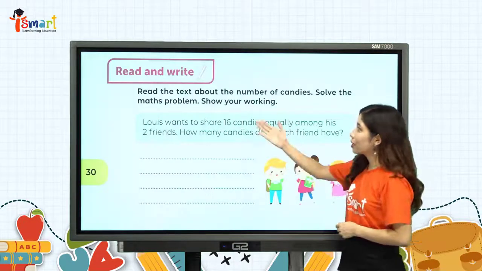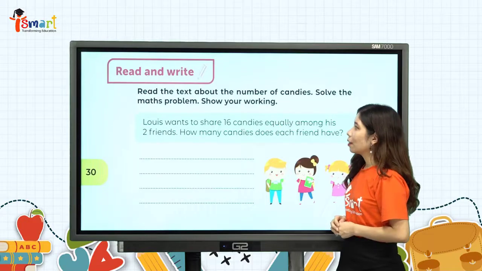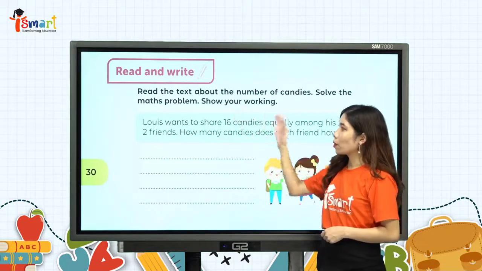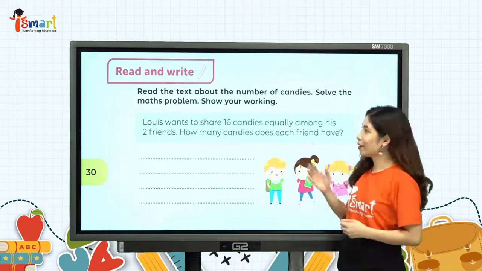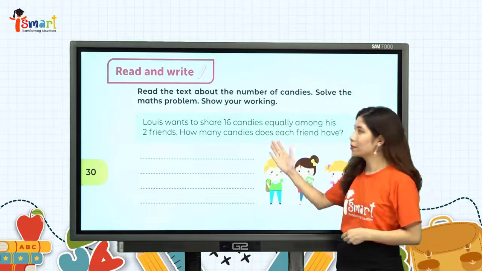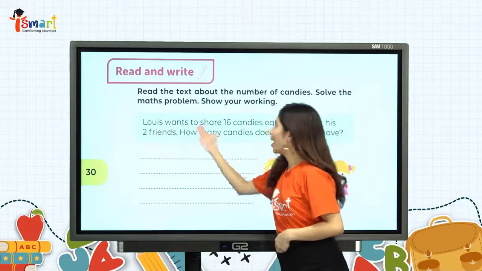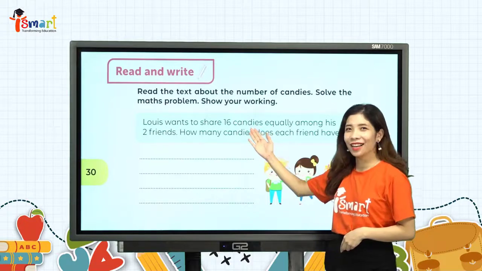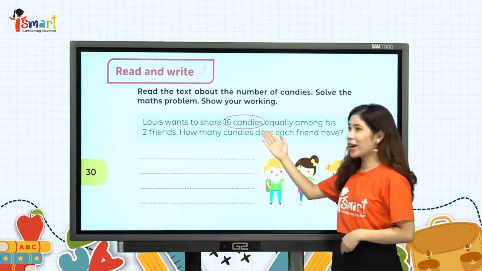Firstly, read and write. Now, you read the text and solve the word problem. Okay, so now let's have a closer look at this word problem. This is Louis, and how many candies does he have? 16 candies, right?